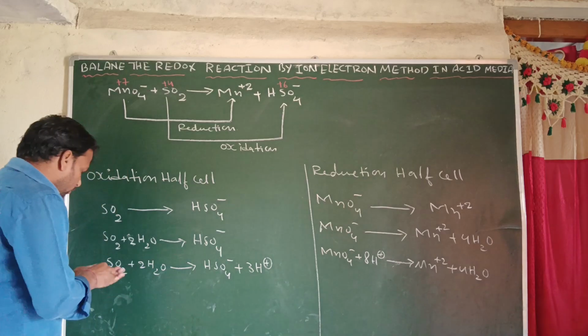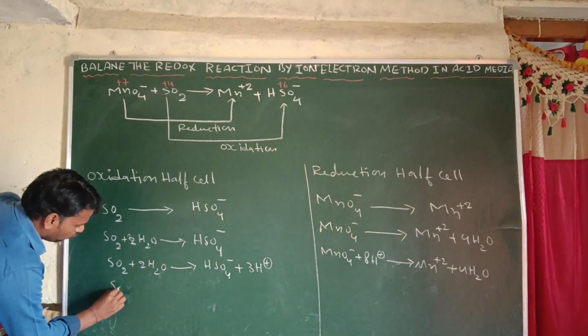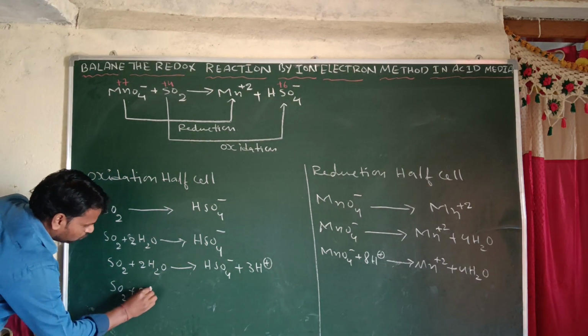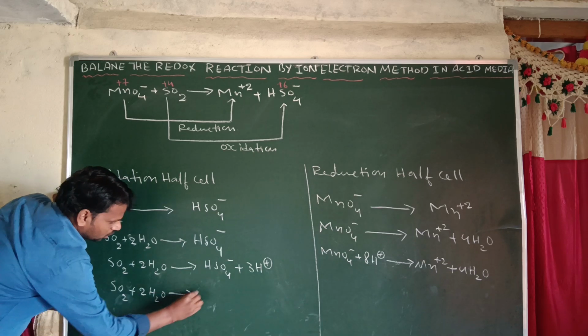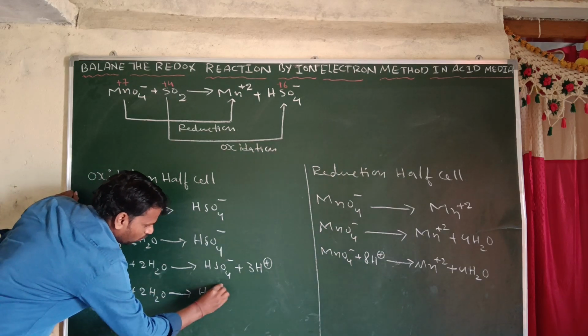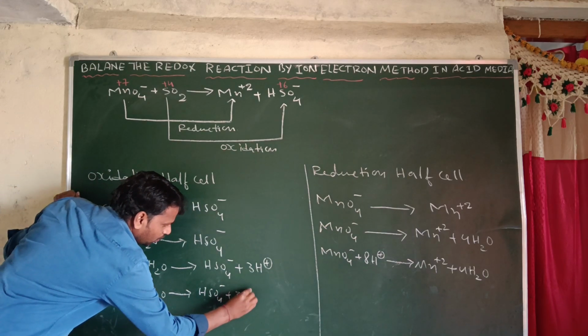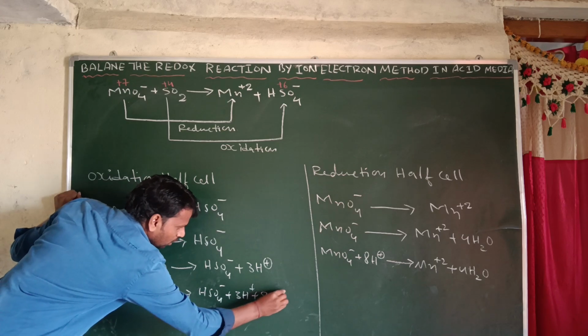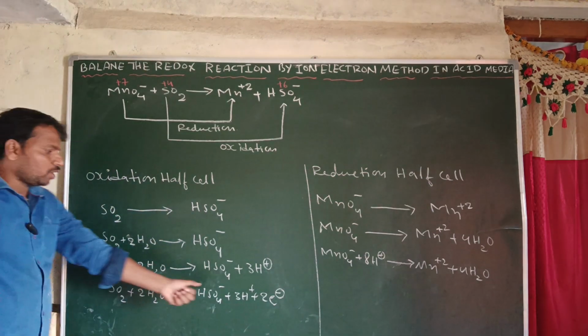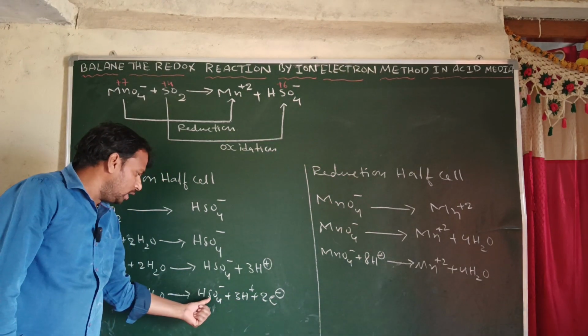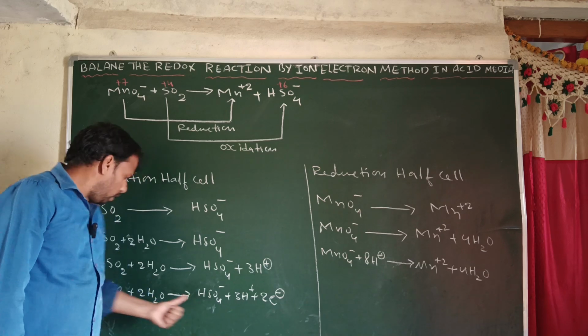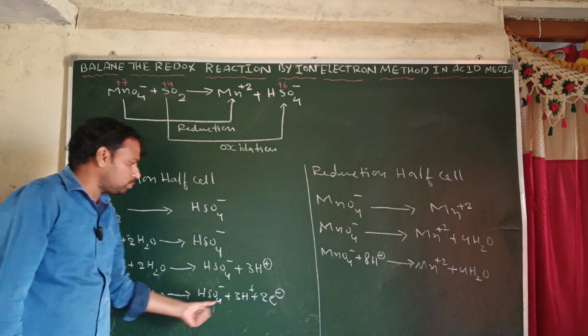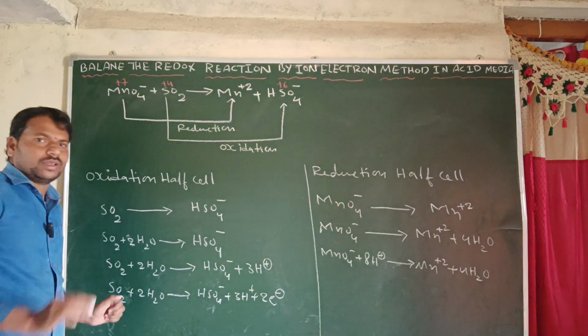So we write this reaction as SO2 plus 2H2O gives rise to HSO4 minus plus 3H plus plus 2 electrons. Because here sulfur has only 10 electrons, 10 plus 2 is 12, and here also 12 electrons are balanced.